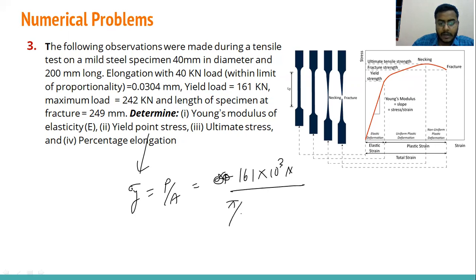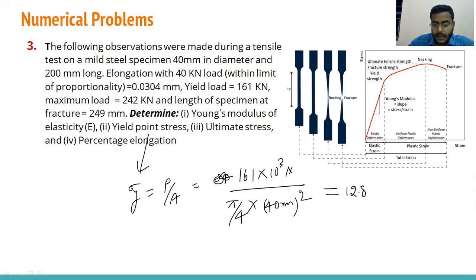Area we have calculated already, pi by 4 into 40 mm whole square. So this will come 12.8 10 to the power 4 kilonewton.